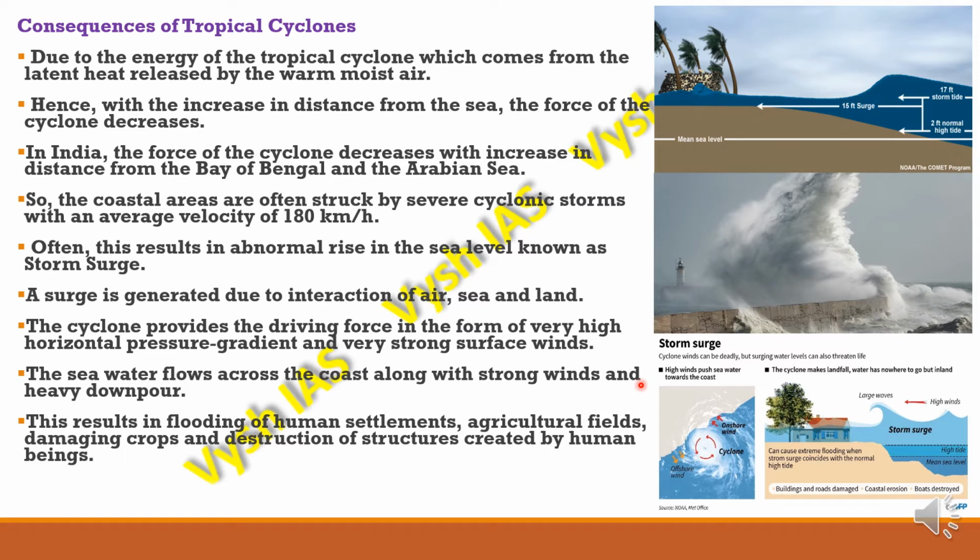This will result in flooding of human settlements and agricultural fields, damaging crops and destroying structures and infrastructure created by human beings. You can see from this picture how high winds are pushing the water, and when they push the water, it forms large waves and then enters the coast. And this is the circulation of wind, which gives power and speed to the cyclone.